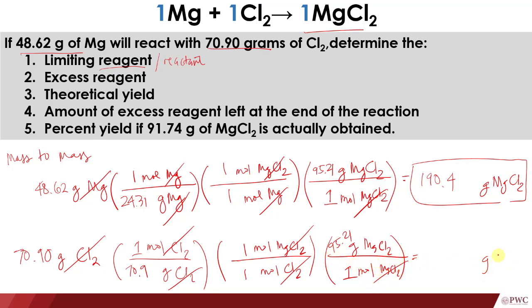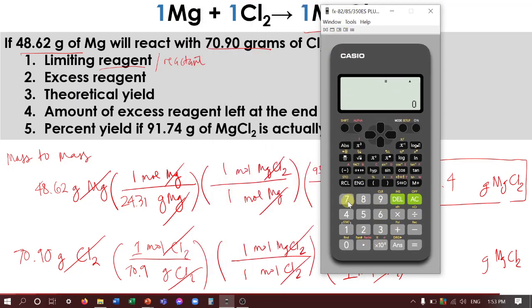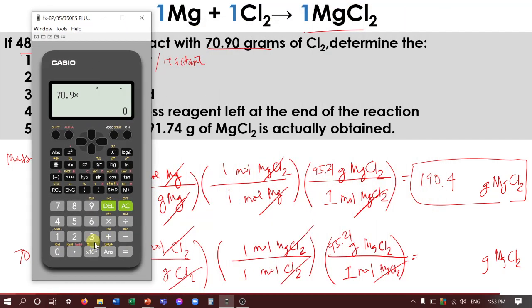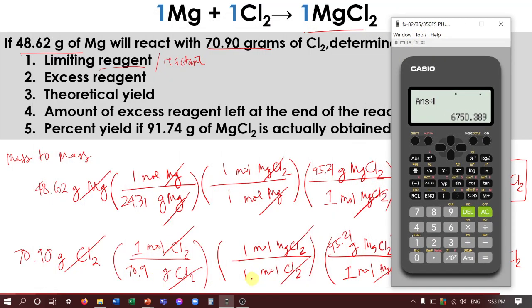What's left is the grams of MgCl2. Now, if you do the math here, you multiply 70.90 times 95.21, then divide it by 70.9 times 1 times 1, that's 70.9.